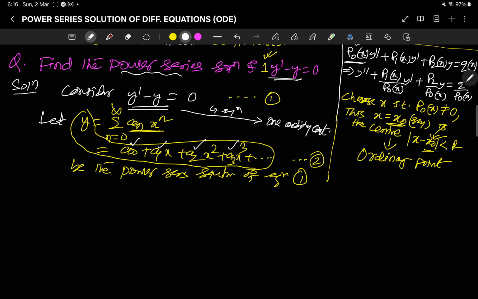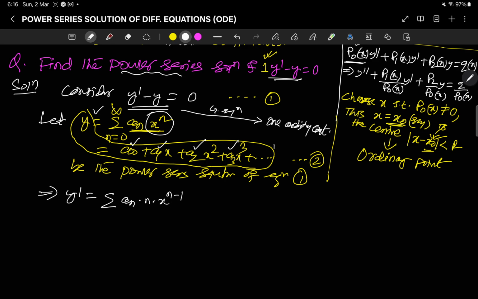Now once y is equal to this, we need y dash. So y dash is the summation of an, which remains constant, times n into x to the power n minus 1. The derivative of x to the power n is this.